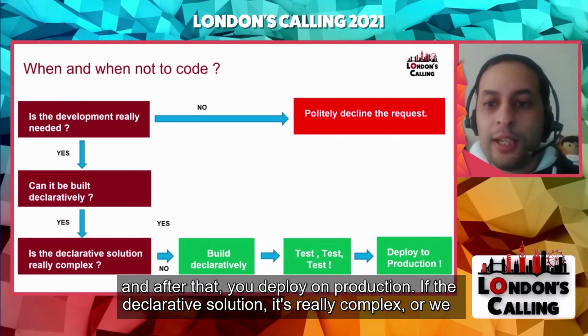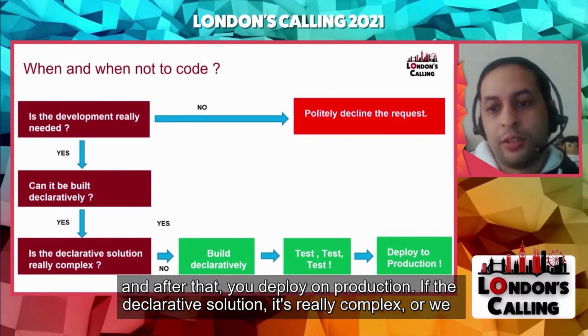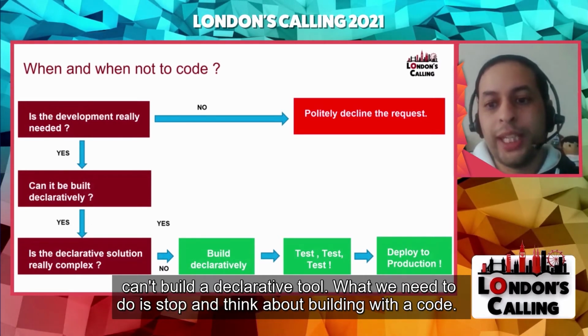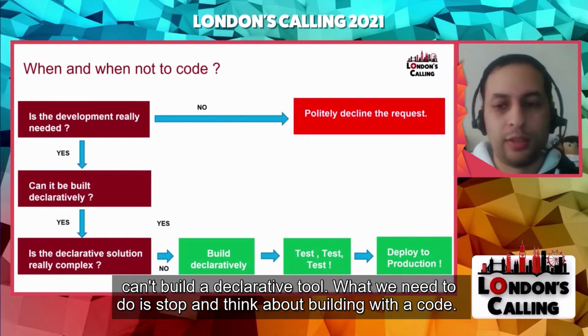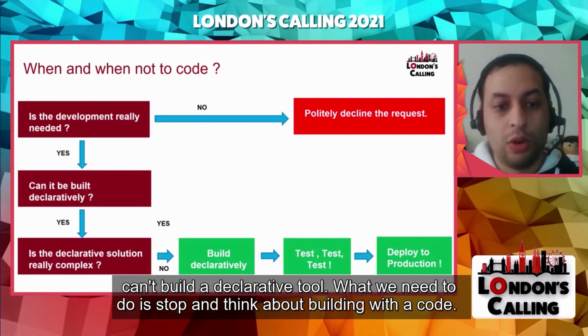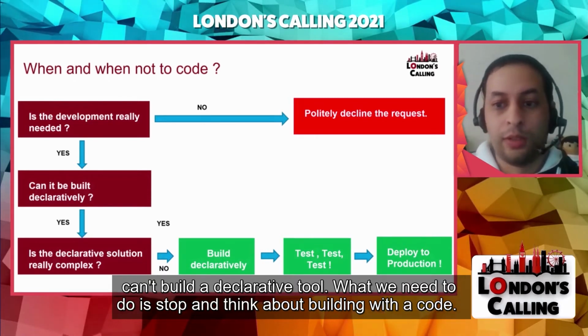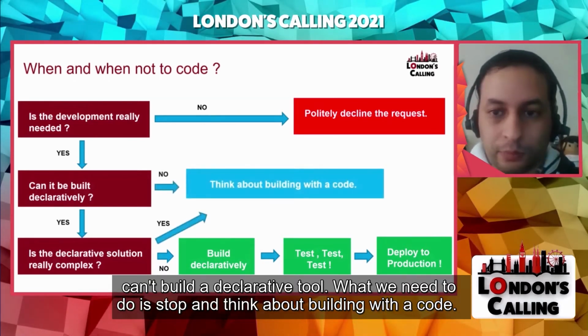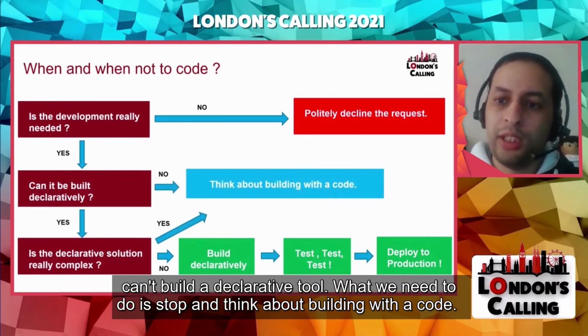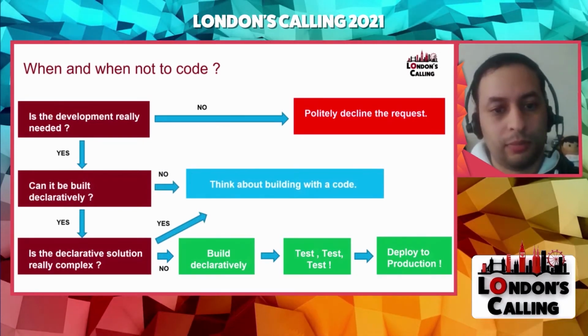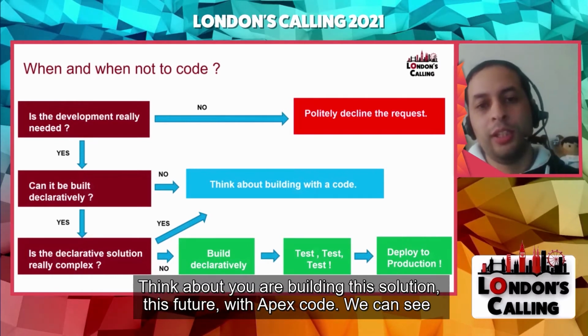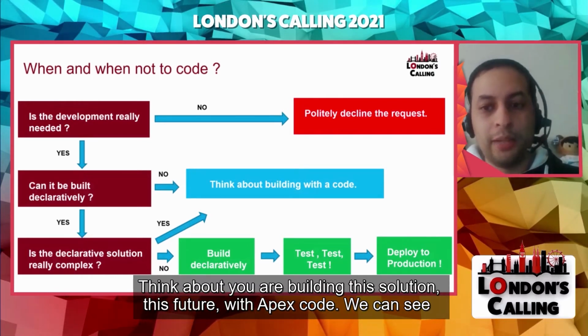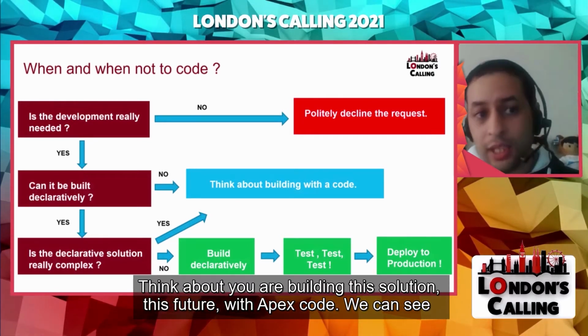But if the declarative solution is really complex, or we can't build it with declarative tools, then stop and think about building with code. Think about building this feature with Apex code.